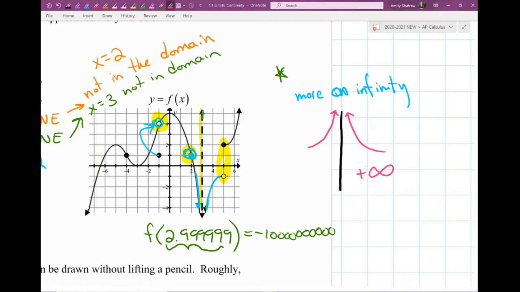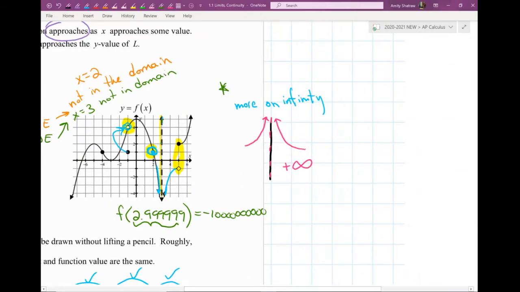But you still say that there's an asymptote there. Okay, and so that's not a function that's defined, and that's not a value that's defined in your function.